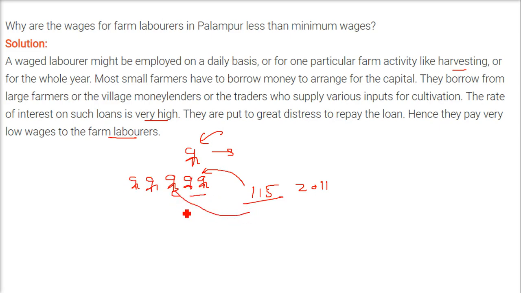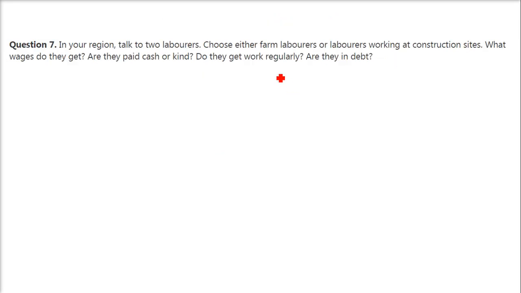But if there are so many people, and you go here and ask him, are you going to work for 80? Now he's going to work for 80, and this guy and this guy also will work for 80 rupees. So that is how, because of the competition, the laborers of Palampur, because they want work, will work for less than the minimum wages.